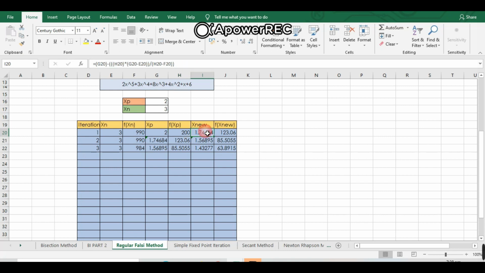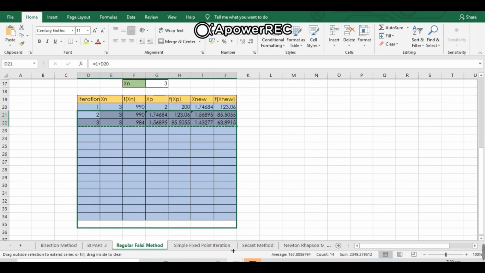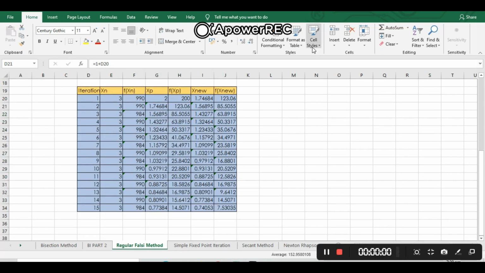For x new, the formula will be this, and to solve f of x new, substitute the x new into f(x), and same with the others. And to get the other iterations easily, just drag down, and the iterations will be this.